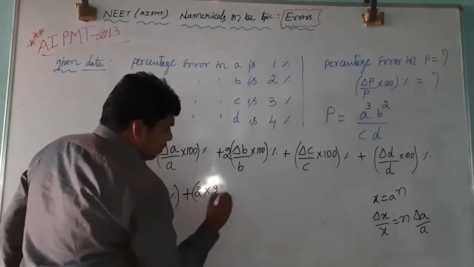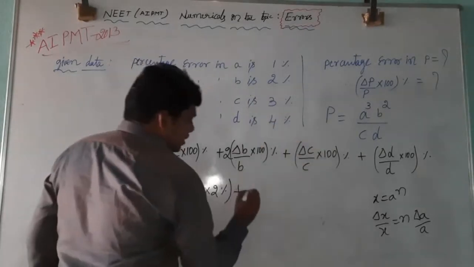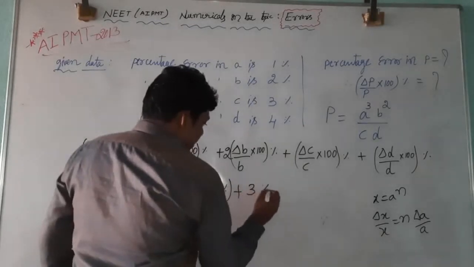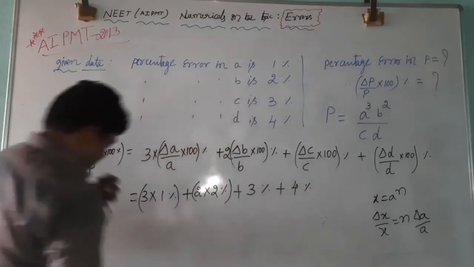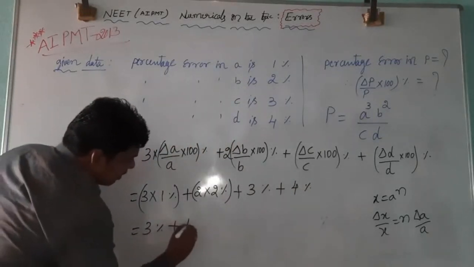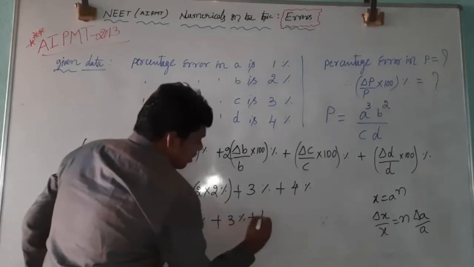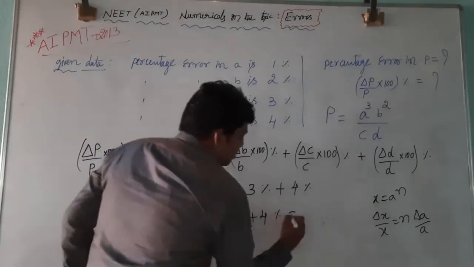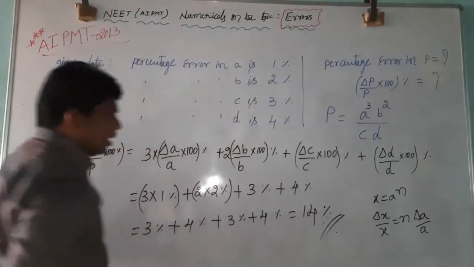That is 2%, plus delta C by C into 100%, that is 3%, plus delta D by D into 100%, that is 4%. Now 3% plus 4% plus 3% plus 4%. What is the answer? 14% is your answer.